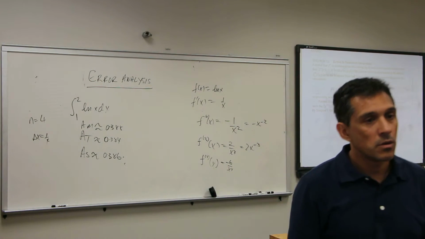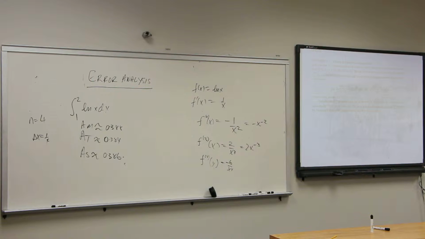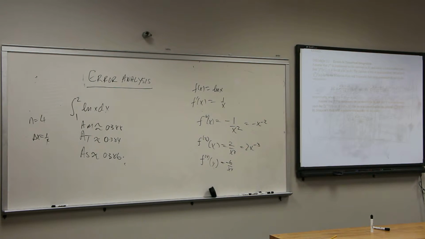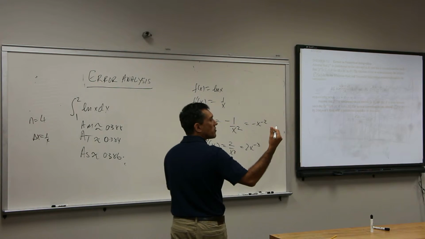So I need to look at this function 1 over x squared between 1 and 2, and see what its maximum is. The maximum of the second derivative over the interval 1 to 2 is at x equal to 1. So I know that the second derivative in absolute value is no more than 1.